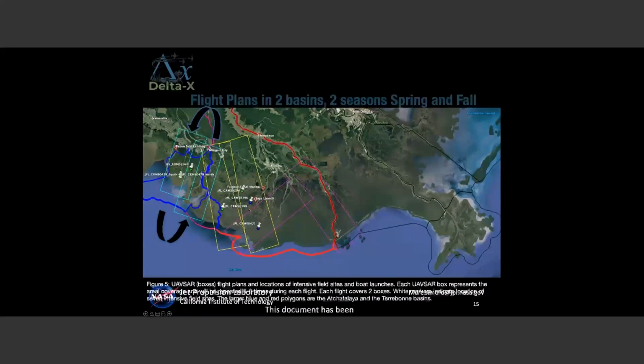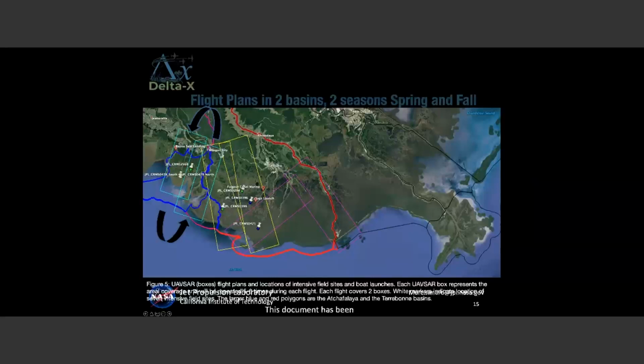So, for example, if you take each of these boxes, they're pairs of boxes, basically the radar coverage from UAVSAR. UAVSAR again measures water level change within the marshes. So if we keep repeating, for example, these aqua color boxes over and over, these aircraft can fly for 6 hours.